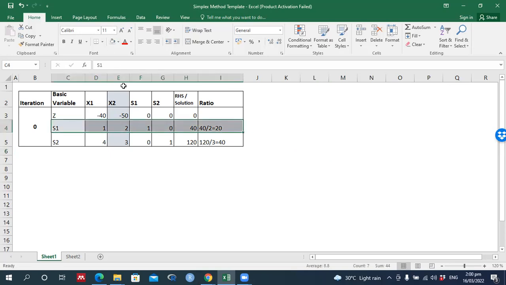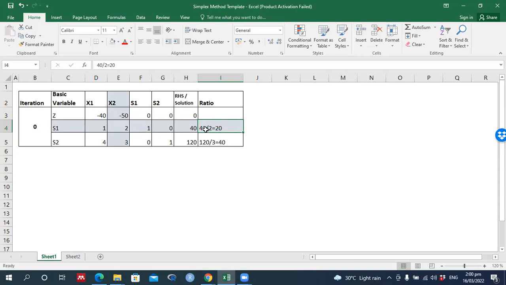Question, please. Yes, I'm listening. When you're looking at the row, you're talking about the ratios on the row with the smallest positive value, right? Yes. You are concentrating on the ratio values we got here, 20 and 40.